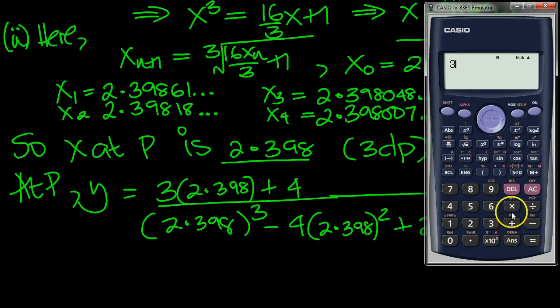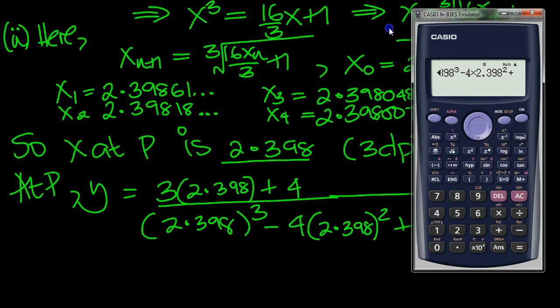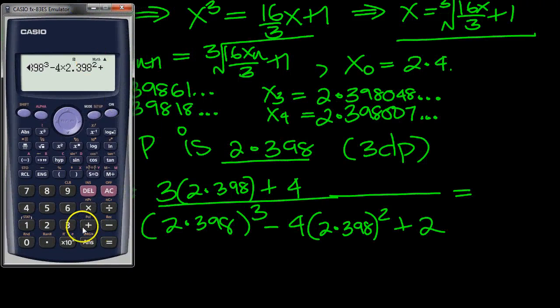It's 3 times 2.398 plus 4, equals, we get that number, and that's divided by the number underneath, bracket, so 2.398 cubed, power 3, minus 4 times 2.398 squared, and then plus 2, close that bracket, equals minus 1.552.